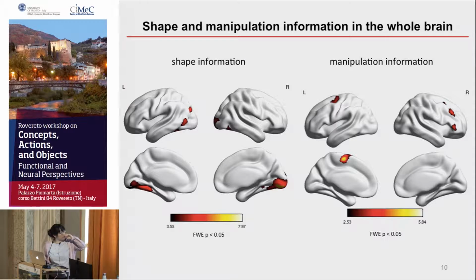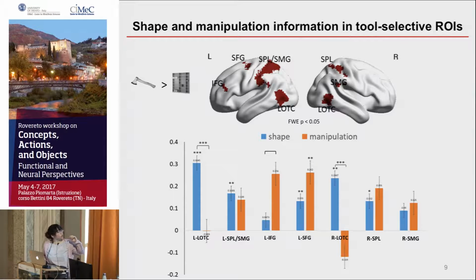We can see that in the bilateral lateral occipital temporal cortex, there is a very significant shape effect, while there is no manipulation information observed.